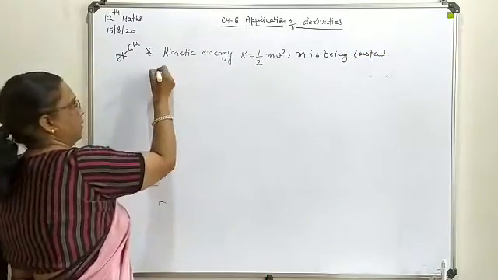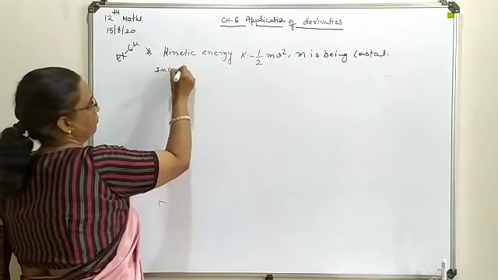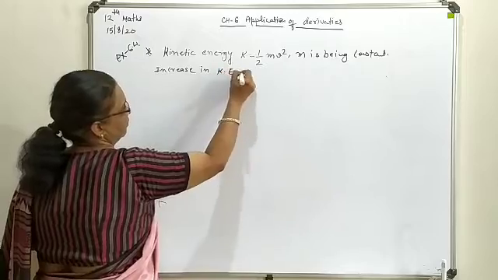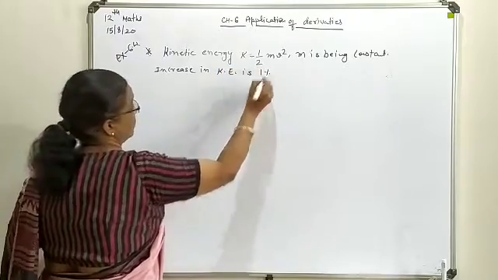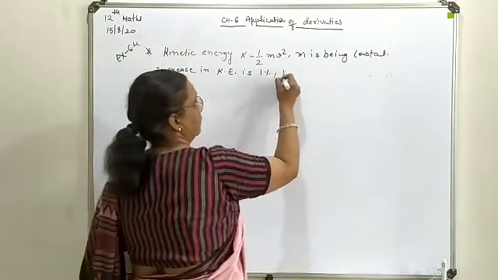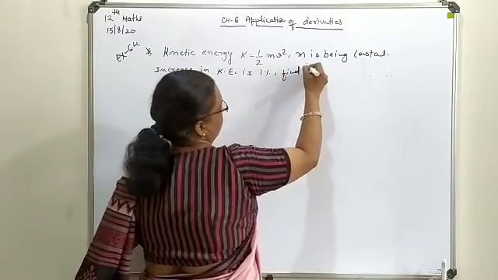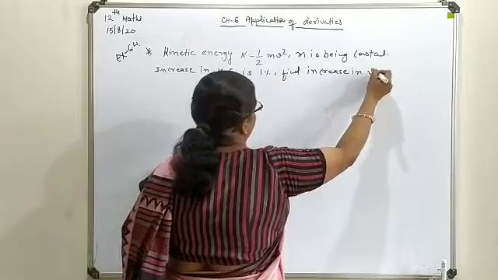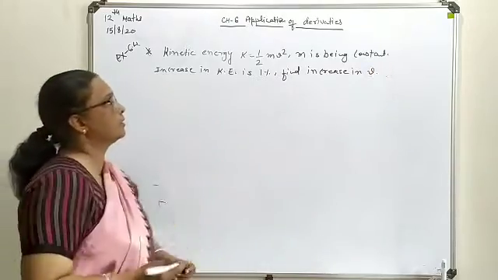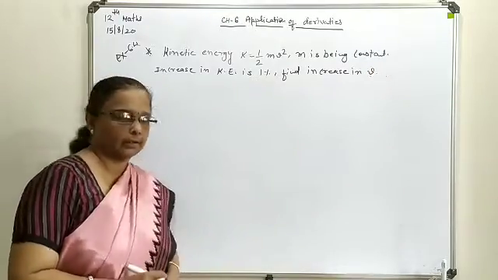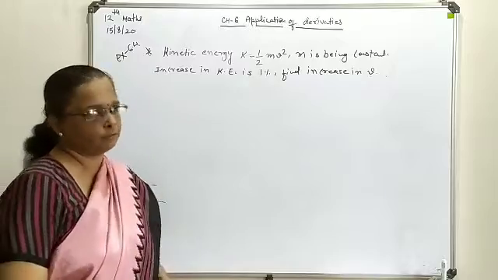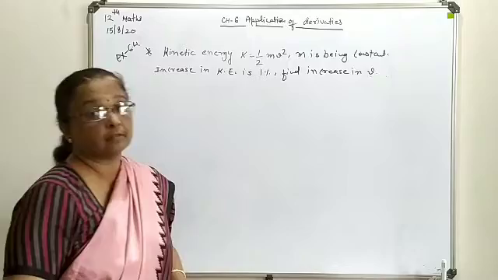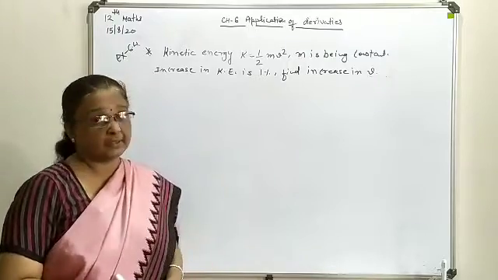The increase in kinetic energy is 1%. So find the increase in velocity which causes this increase in the kinetic energy, meaning we have to find delta V. So delta K is available as 1% of the basic one.